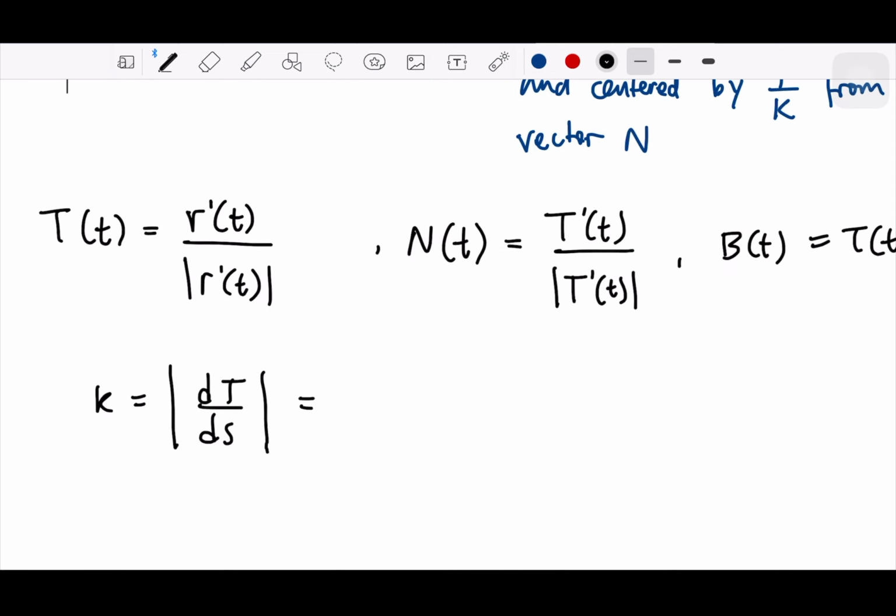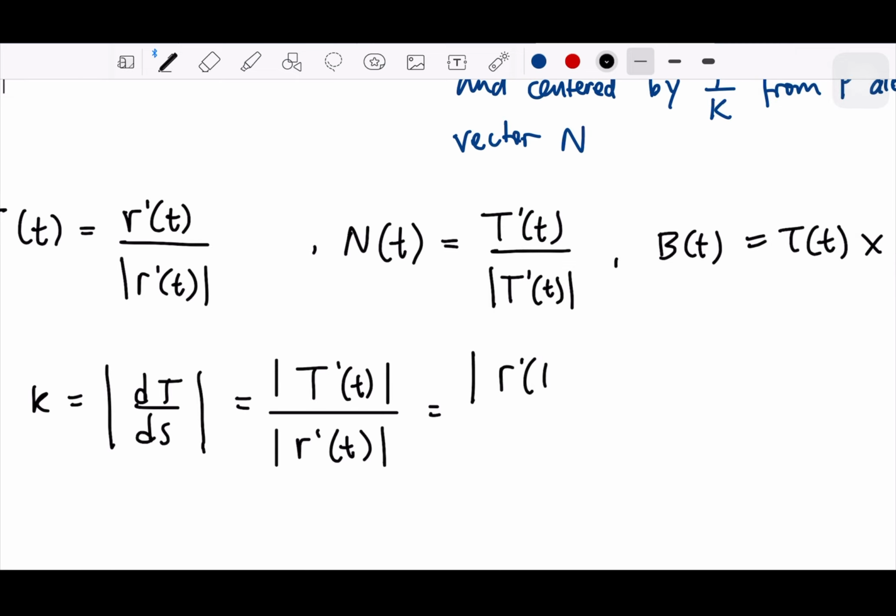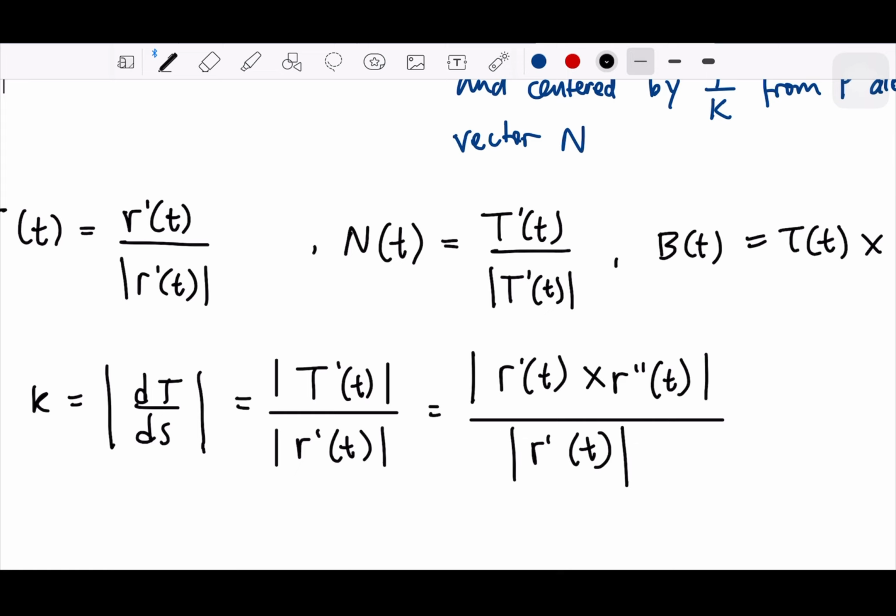We can apply this, and using the chain rule we can apply it, and then we can also write it in terms of the cross product, and then divide by the magnitude cubed.